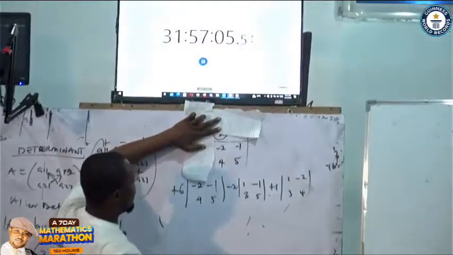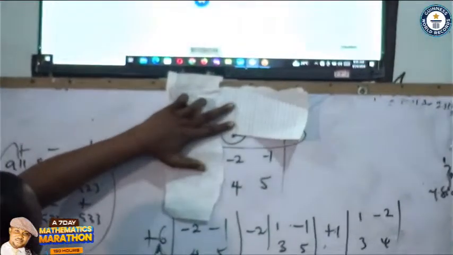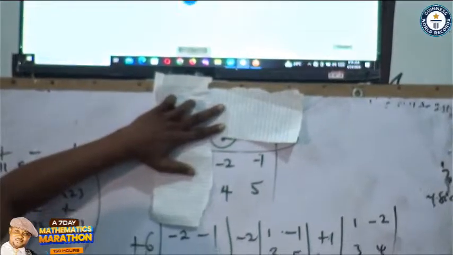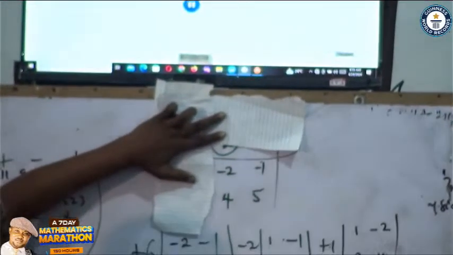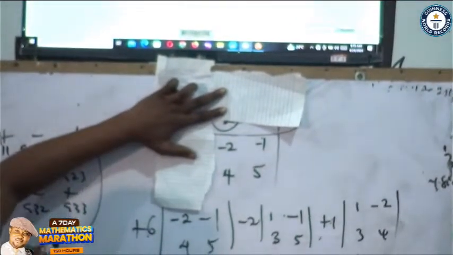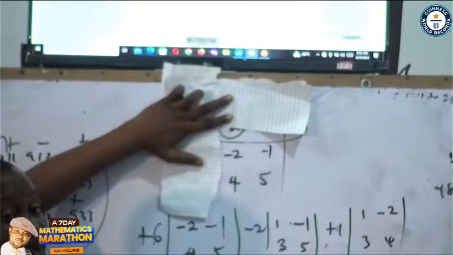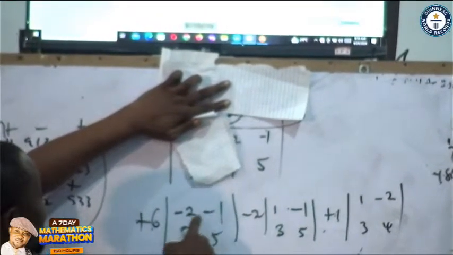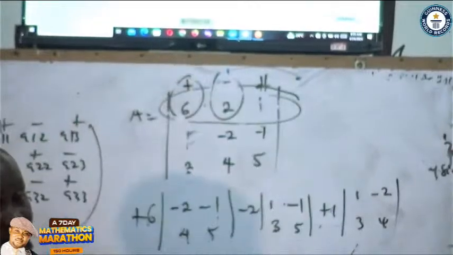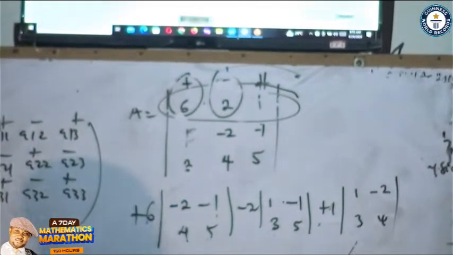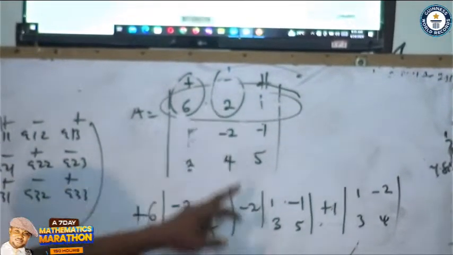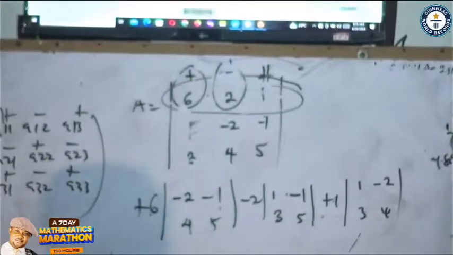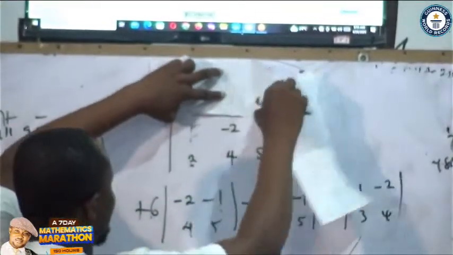When you take this 6, what is left? Minus 2, minus 1, 4, 5. Now when you want to take the minus 2, the row of minus 2 and that column, you don't need it.